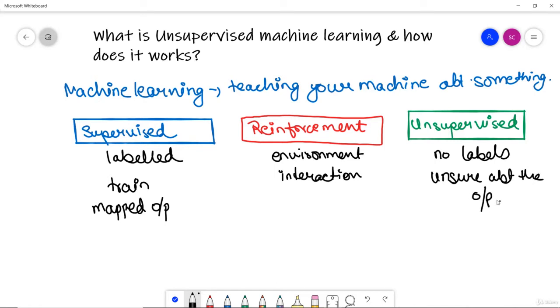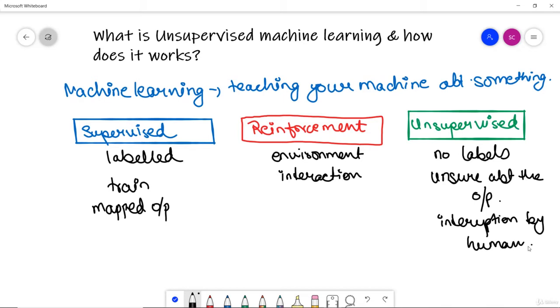Also, the model of your algorithm is such that it can understand patterns of data and the output is the required answer. So we do not interfere when the algorithm learns. That means there is no interruption by a human. So the machine itself learns the data. That is known as unsupervised learning.